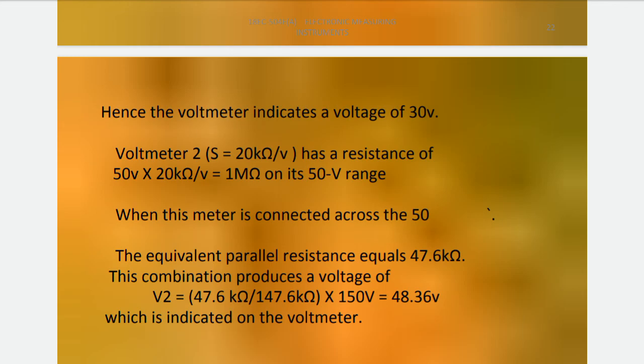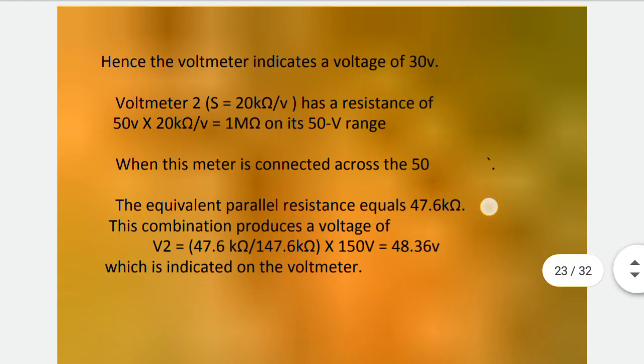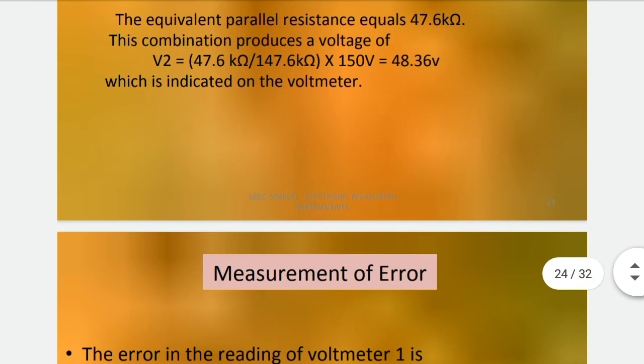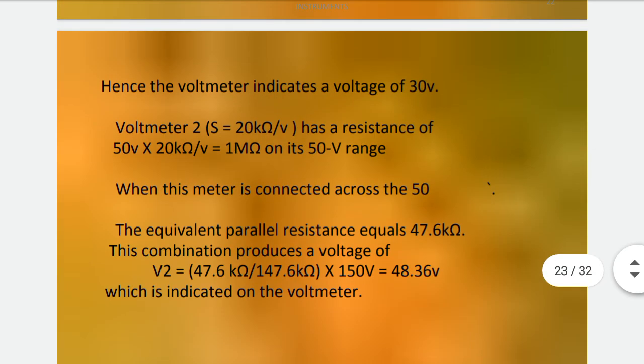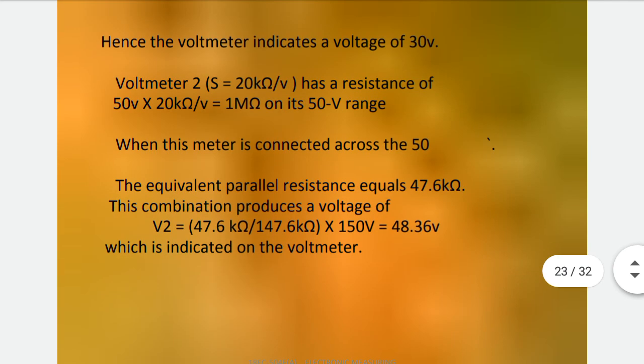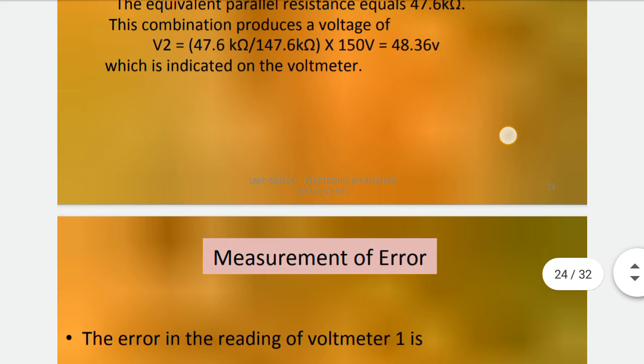This combination produces a voltage of V2 equal to 47.6 kilo ohm divided by 147.6 kilo ohm into 150 volts. If you simplify this, 48.36 volts is the answer, which is indicated on the voltmeter. So you can see the accurate reading and the approximate reading.